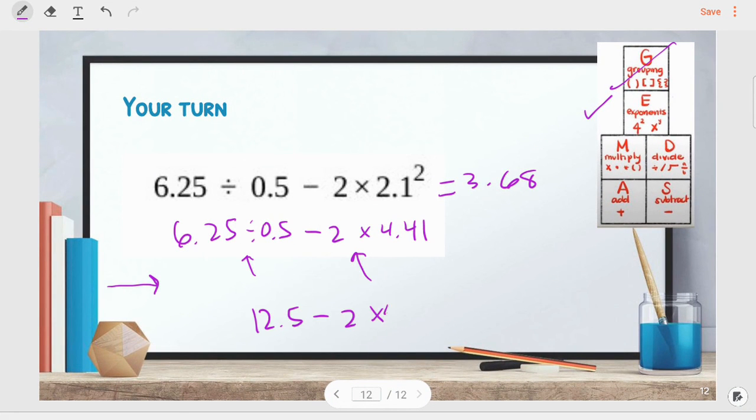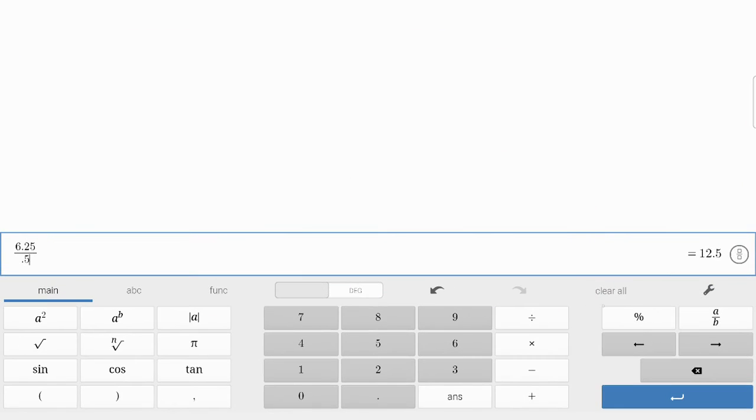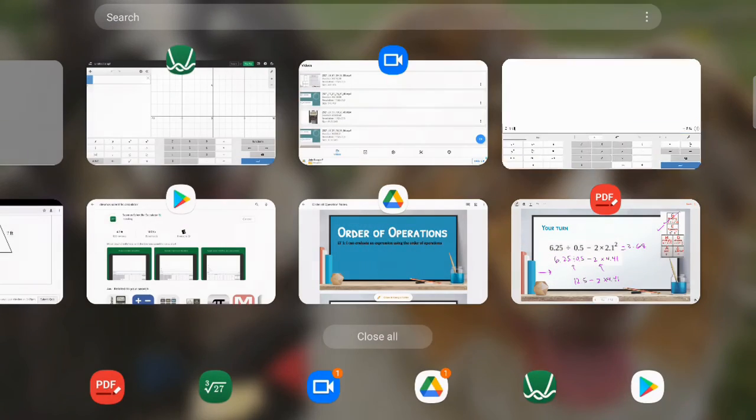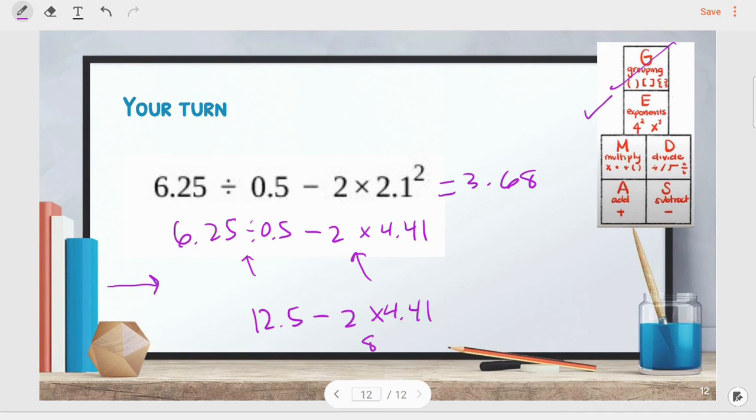Minus 2 times 4.41. Do the multiplication next. 2 times 4.41, 8.82 is what that simplifies to be. 12.5 minus 8.82 gives me a grand total, if I type that in my calculator, 3.68.